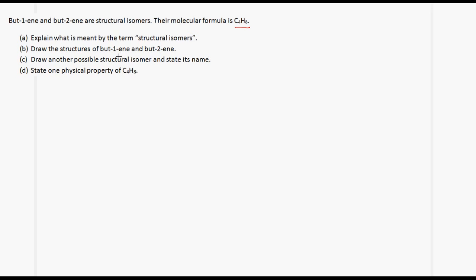Second part asks, draw the structures of but1-ene and but2-ene. So in the case of but1-ene, but means that we have 4 carbon atoms present, and the fact that we have this 1 here means that the double bond is really on the first carbon atom. So we're going to draw but1-ene. Always remember, double check the amount of carbon atoms, double check the amount of bonds around each carbon atom.